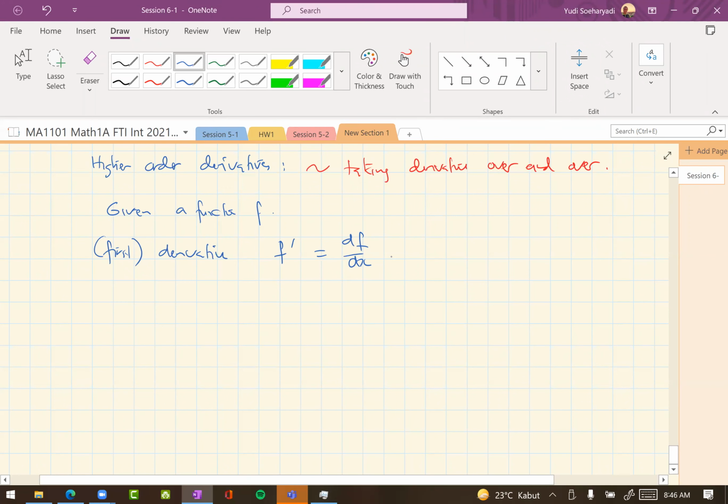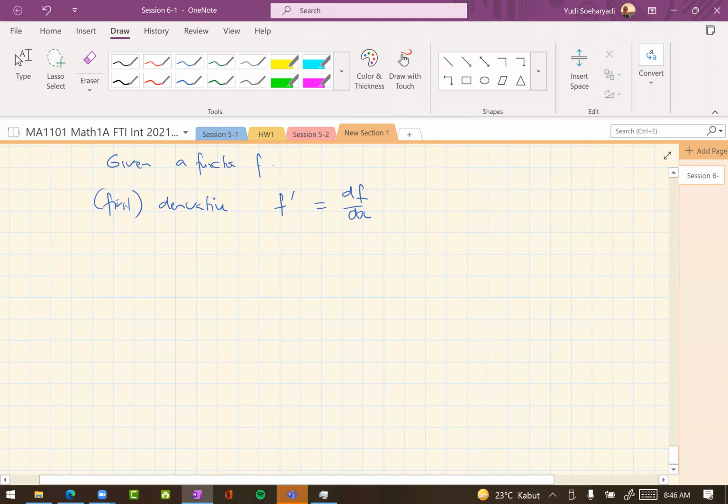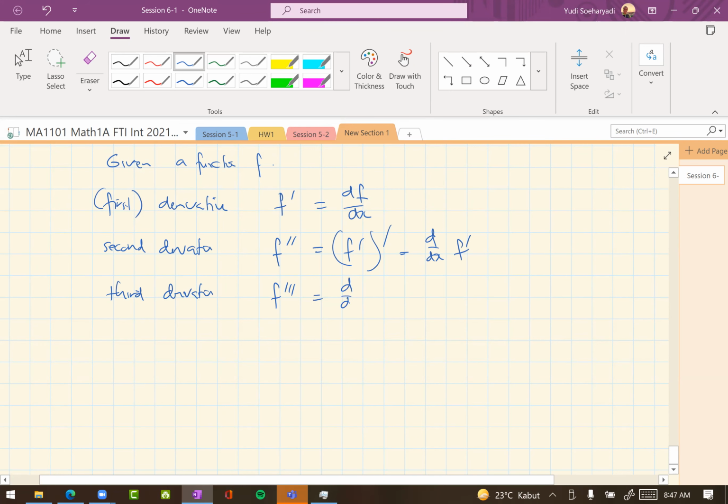Okay, now if we take the second derivative, what's that? That is the first derivative, then take the derivative. So this is d/dx of f prime. So that's the second derivative. What is the third derivative? This is d/dx of the second derivative.